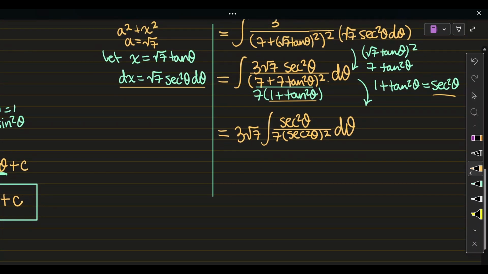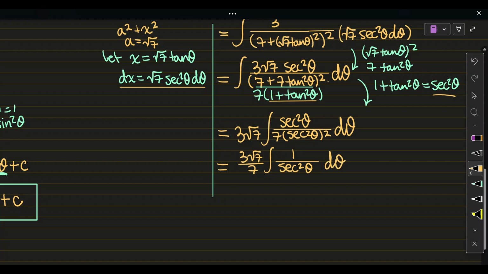Now again, I can rewrite as 3 square roots of 7 over 7, and then I have the secant squared up here, and I will have secant to the 4th down here because I have secant squared squared. So I have the integral of 1 over secant squared theta, d theta.